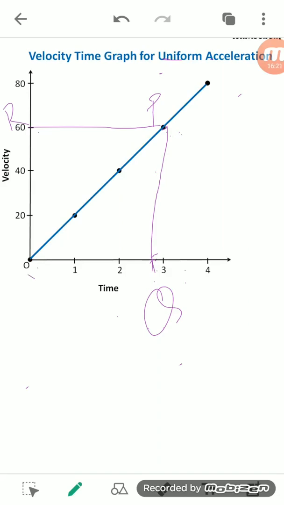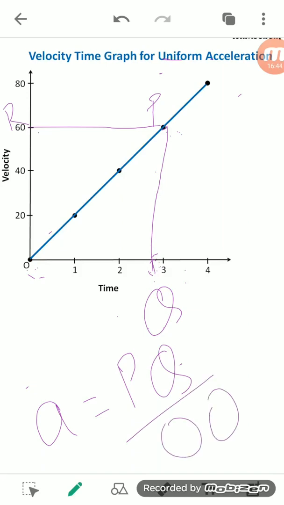And OQ is the time interval at which this change occurs. So we can write acceleration is equal to PQ upon OQ.